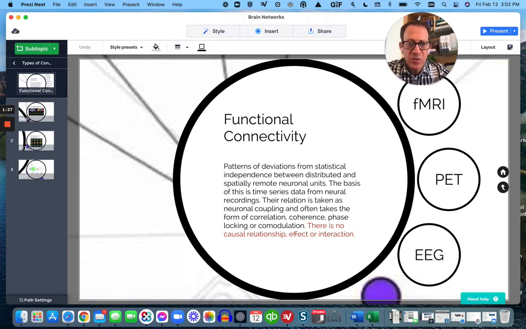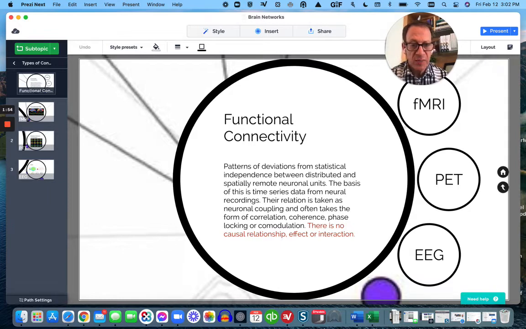The next thing is what's called functional connectivity, and these are patterns of deviation from statistical independence of units that are remote from each other but are related to each other. The basis of this is typically a time series where their relation is taken as neuronal coupling, and by relation, usually we're talking about a correlation.